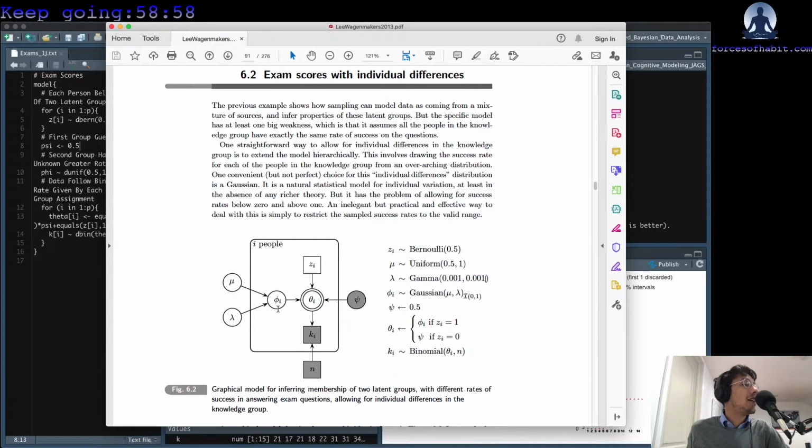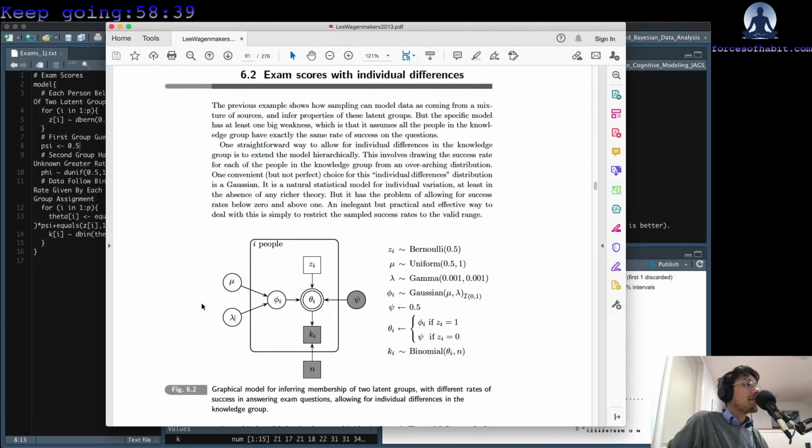So instead of everyone having the same success rate, the success rates for a given subject are from an underlying distribution, which is parameterized by mu and lambda.